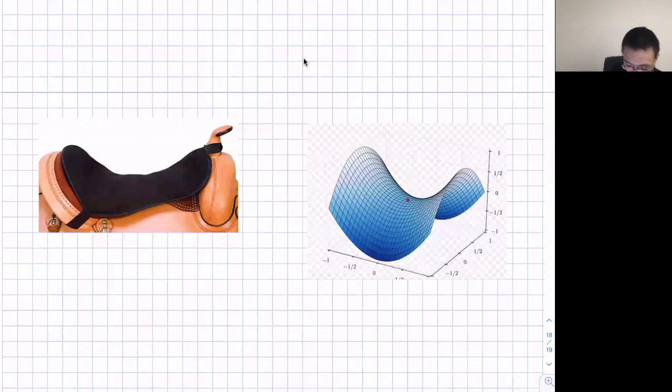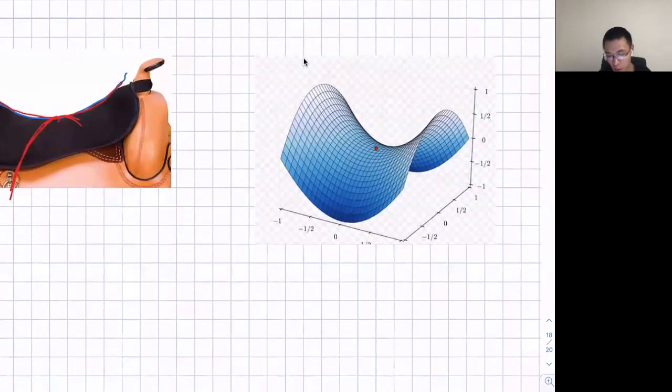You see, it's curving up in this dimension, but curving down in that degree of freedom. You cross your legs over the saddle, so it's curving down in this direction and curving up in this dimension. So when the horse runs, you are still stable.